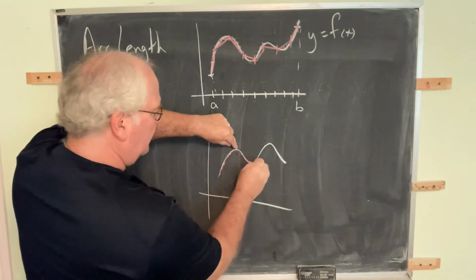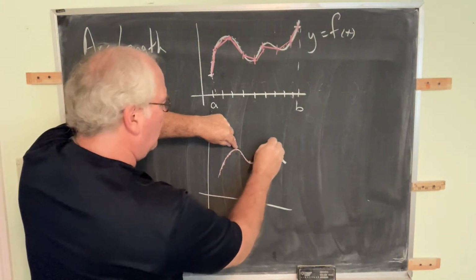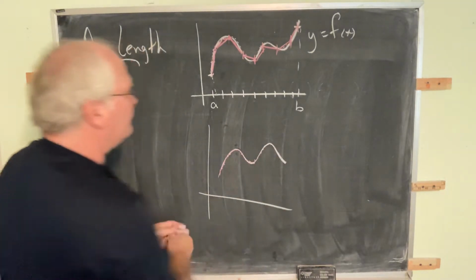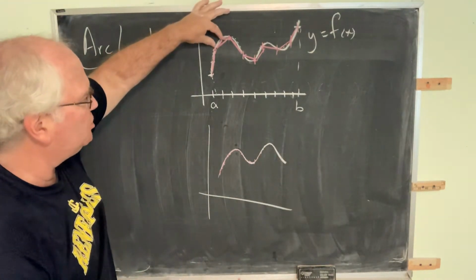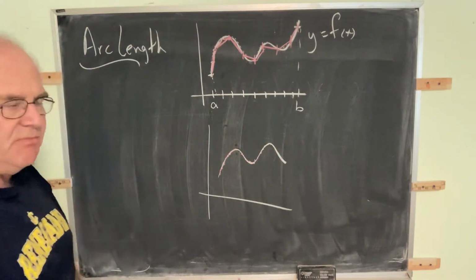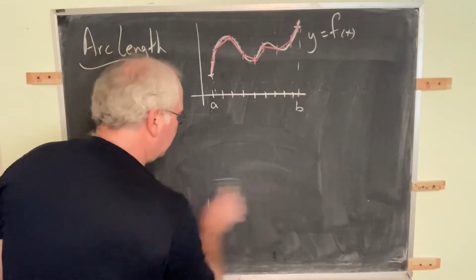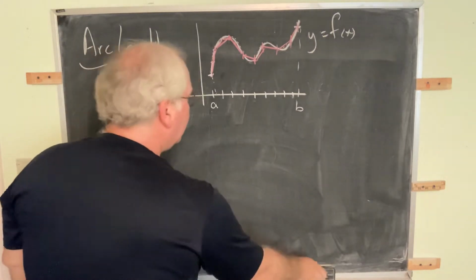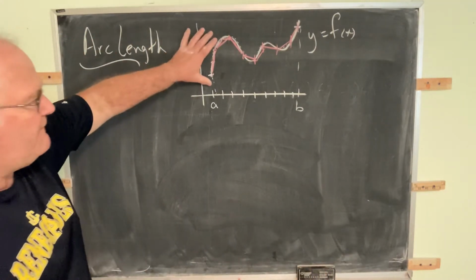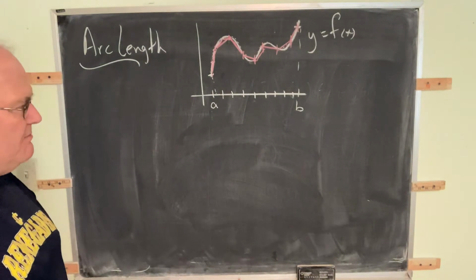To the unaided eye, it would almost look exact. As long as we take more and more of those segments, shorter and shorter, the approximation gets better and better. And if we take the limit as the number of those goes to infinity, then that's what we define to be the arc length of that segment.